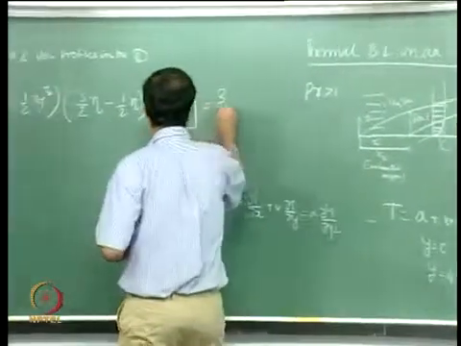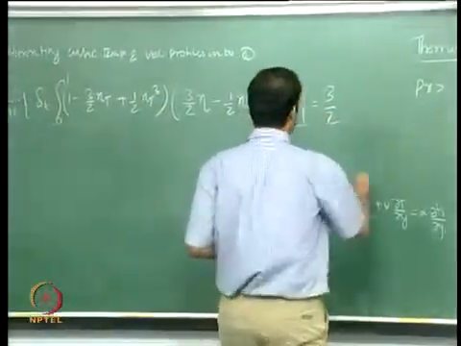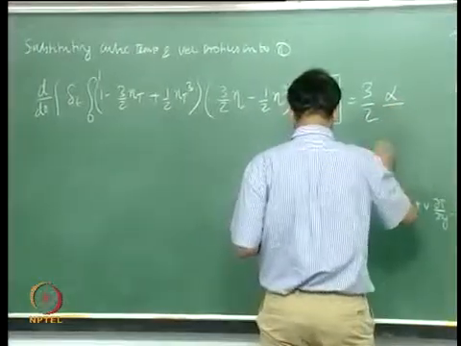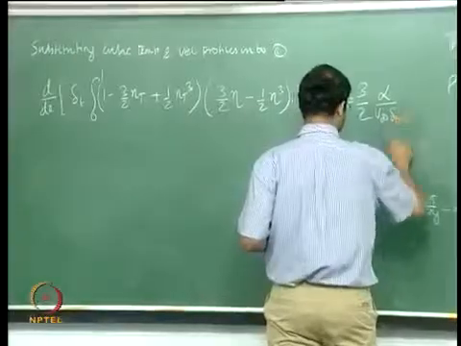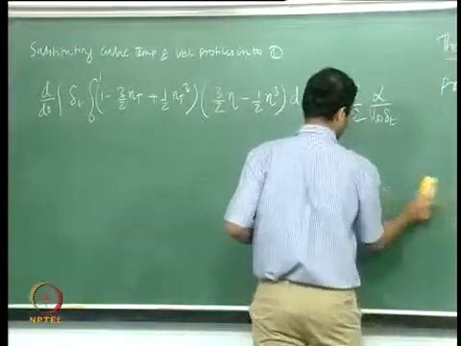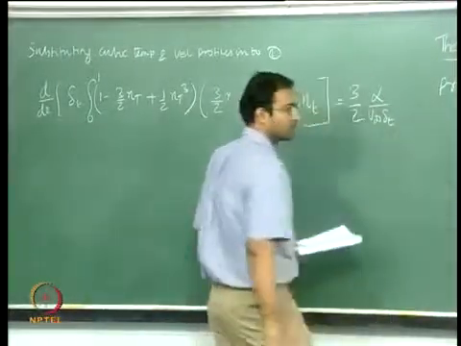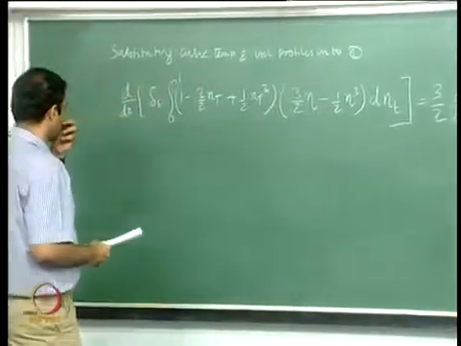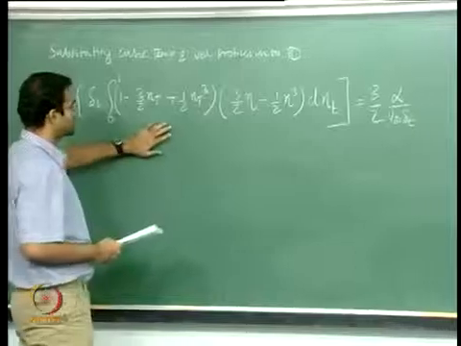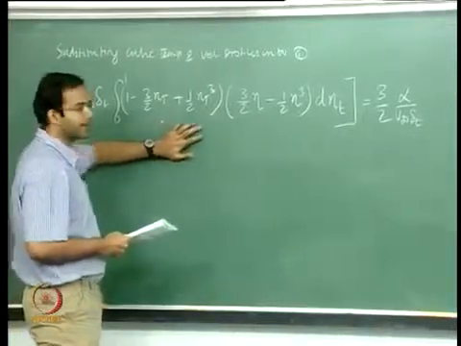So 3 by 2 into alpha by delta t into u infinity. Okay. So this is therefore the final expression after we substitute. Now we have to simply integrate it out.